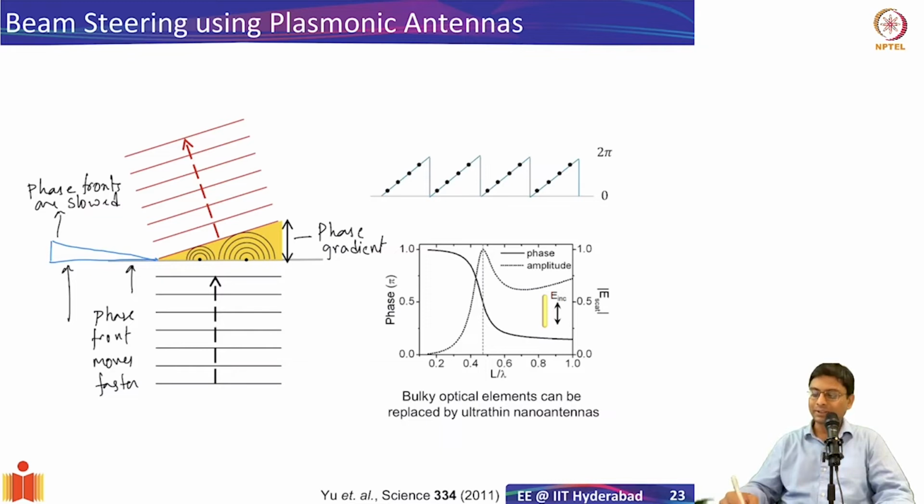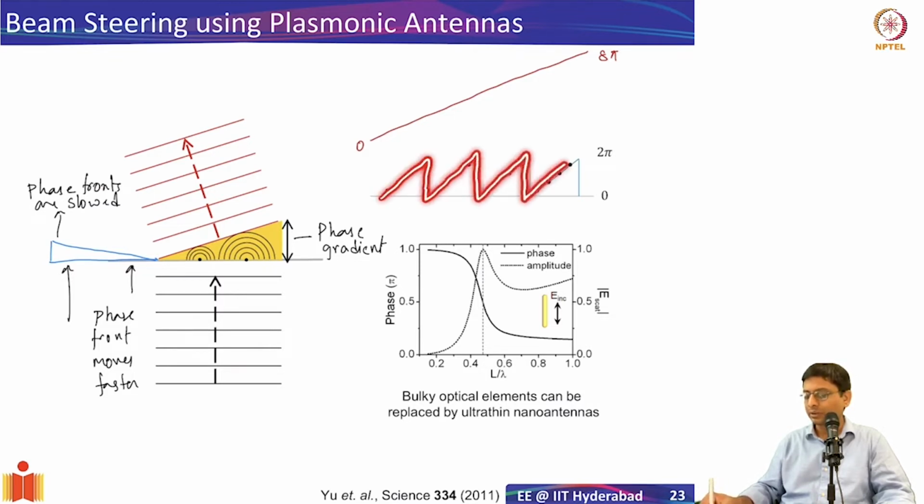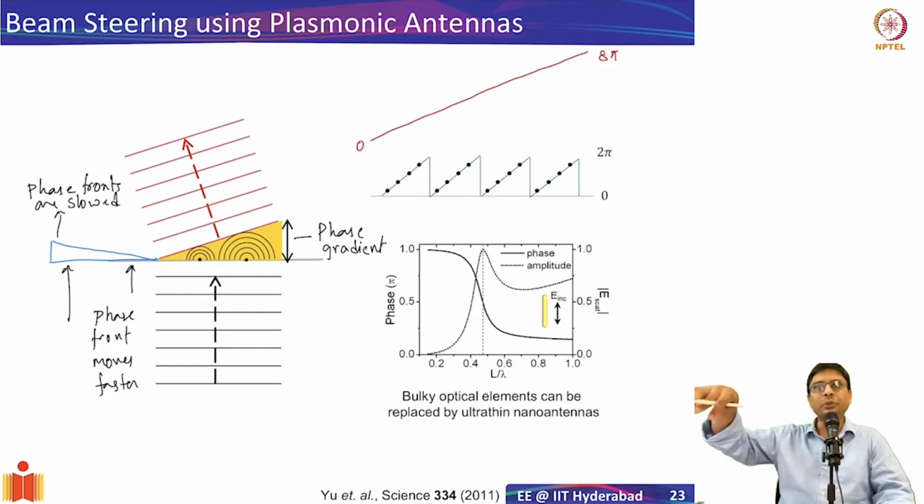For example, if I have a continuous gradient like this, let's say a gradient which is 0 to, let's say, even 10 pi, or let me say 8 pi here, I can simply wrap at 2 pi, and then I can create a triangular phase profile like this. I go from 0 to 2 pi, come back to 0, and then to 2 pi, and so on. If I do this, this will have the same effect as having a phase profile going from 0 to 8 pi. So these are equivalent optically.